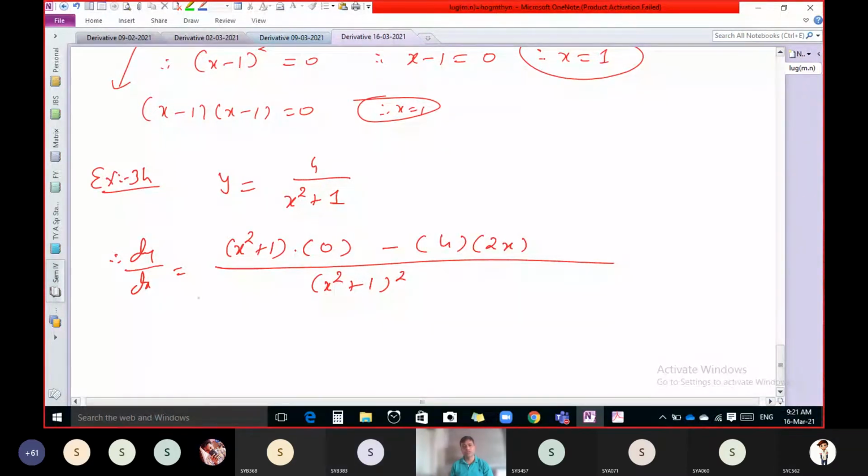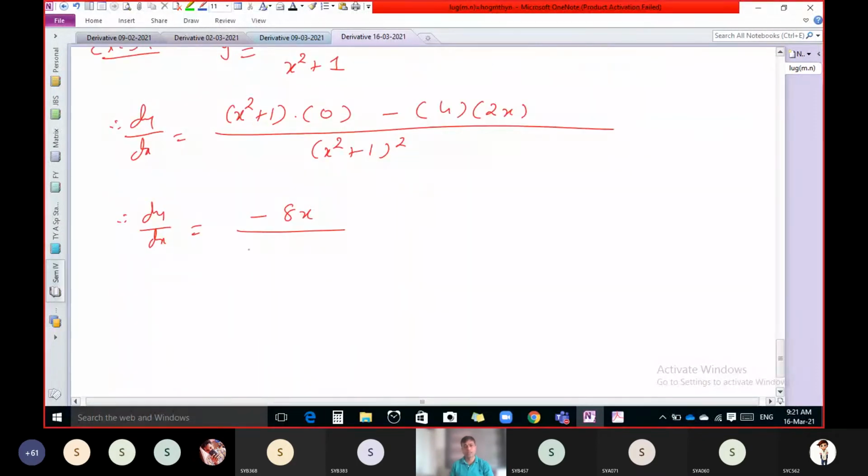Now 0 into anything is 0, so my final answer is minus 8x upon (x square plus 1) the whole square.